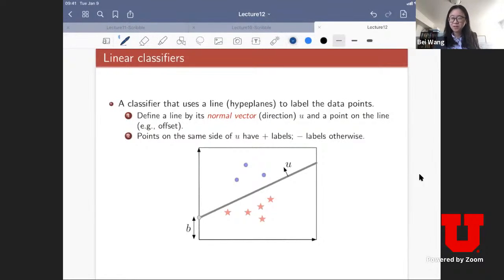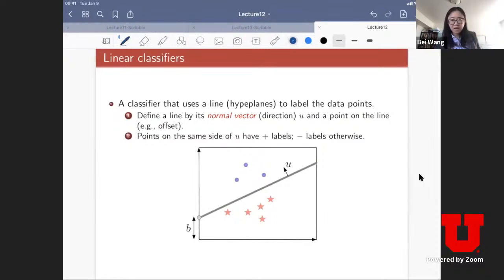I really like this example because it gives you a geometric understanding of what a linear classifier does. For this example, I'm just starting with a two-dimensional point cloud, and the points have some label. The blue dots are one class, the red stars are another class. Let's say I don't know this separation. I just want to find the best line that separates those two classes. Of course, in a two-dimensional point cloud the separating line is a line, but in high dimensional space we're talking about hyperplanes.